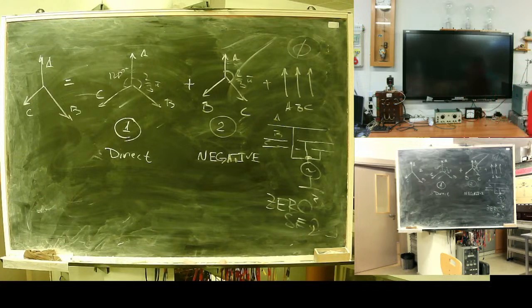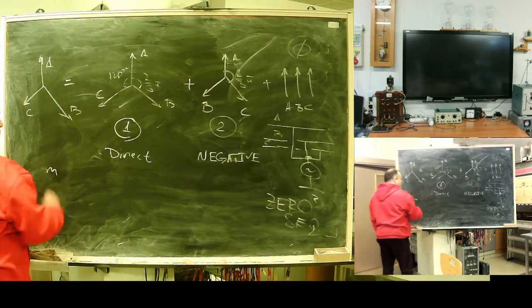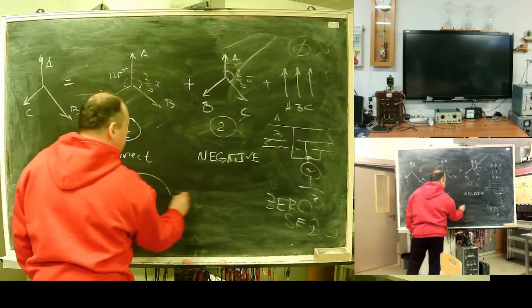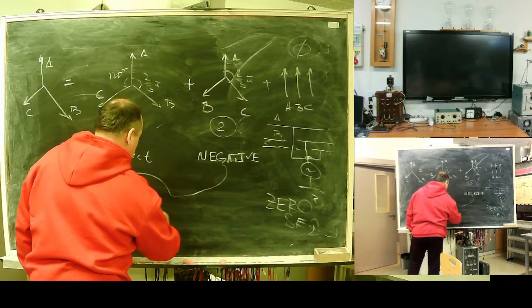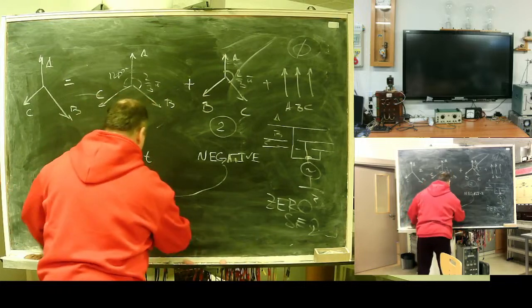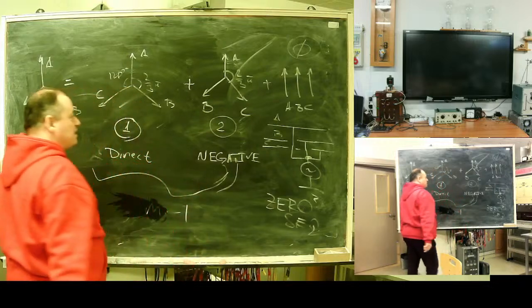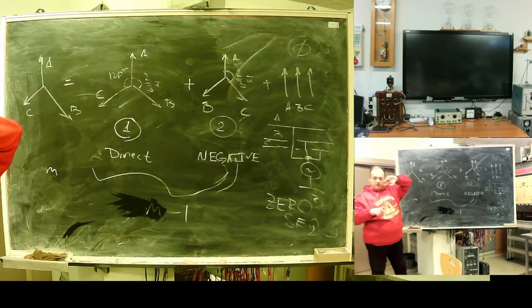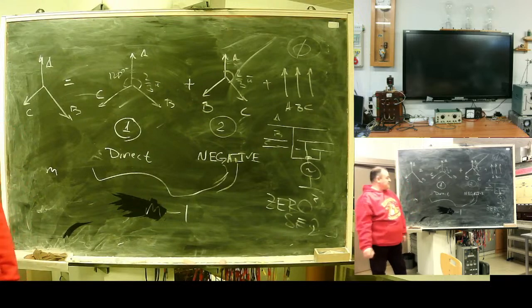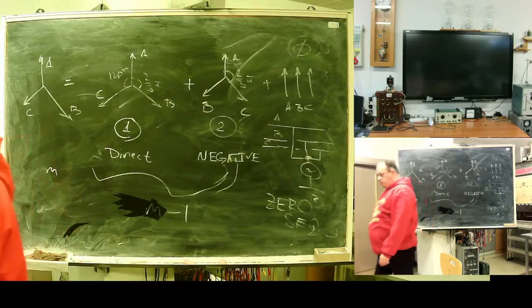Actually, for M-phase network, there will be M-1 symmetrical stars with all possible phase sequence plus 1, the zero.